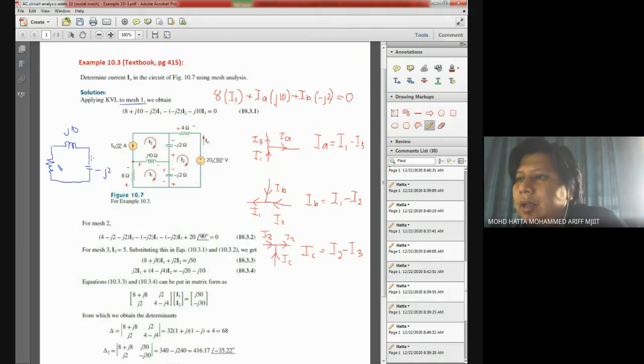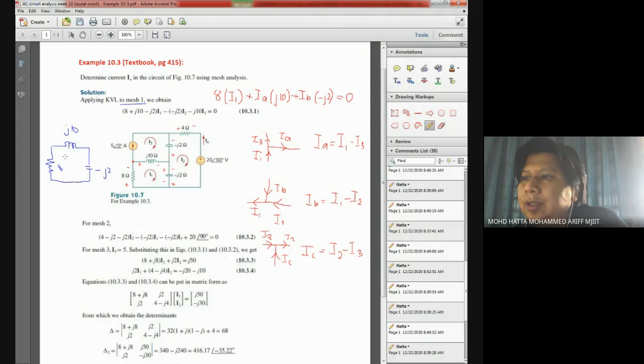Every component inside here has already been transformed into the frequency domain. What you need to do in order to analyze using mesh is to assign the polarity of the voltage drop across these three elements.